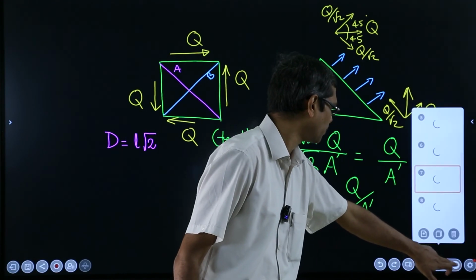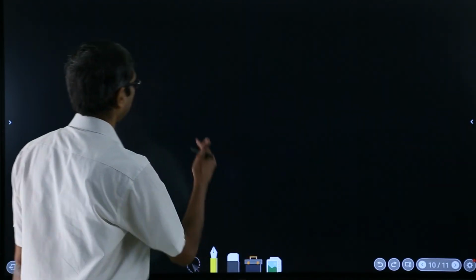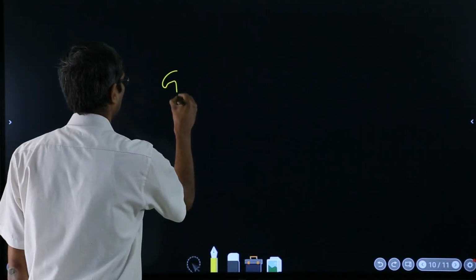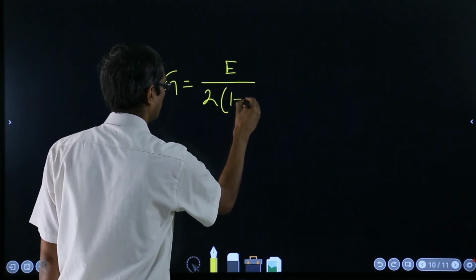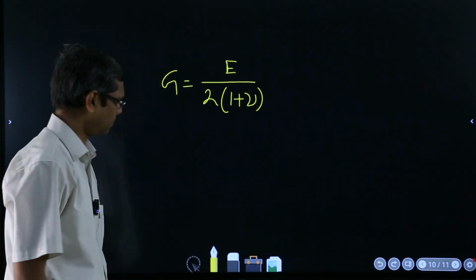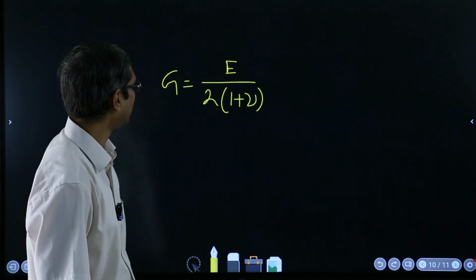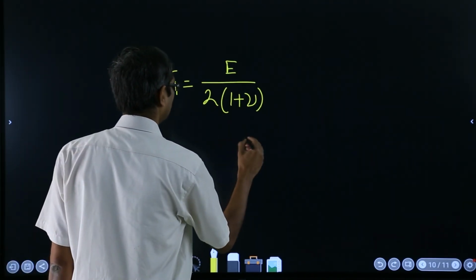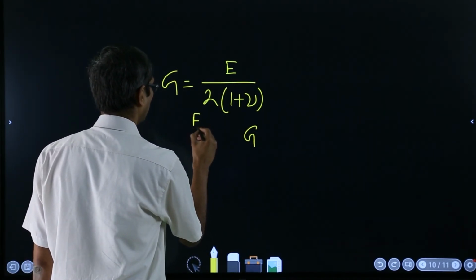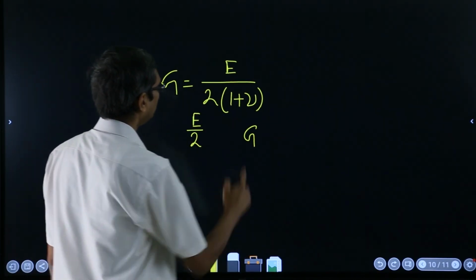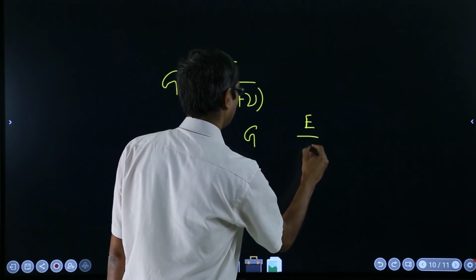So please go through this again and make sure that you understand both the ways of deriving this relationship between E, G and nu. And so we finally have G is equal to E over 2 times 1 plus nu. Now if you put nu, its smallest value is 0, so you get G equal to E over 2, and if you put 0.5 here, you will get E over 3.